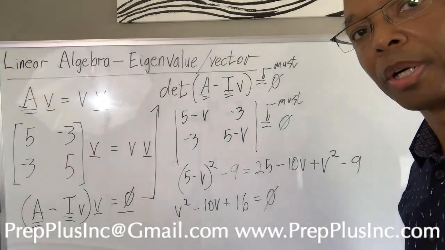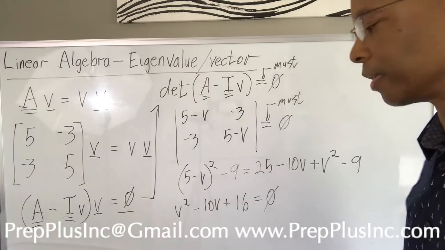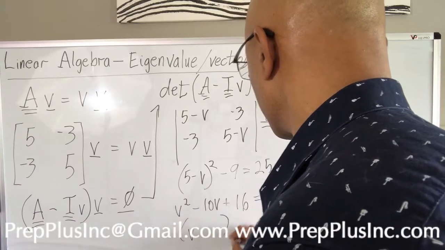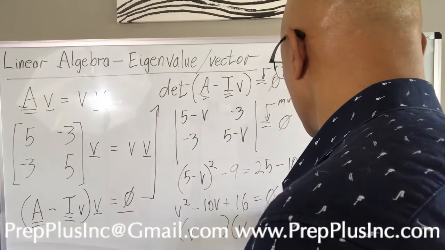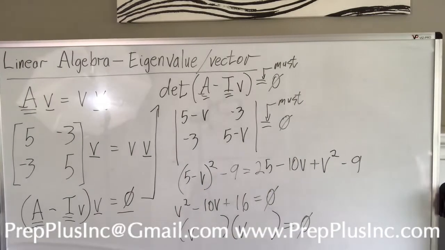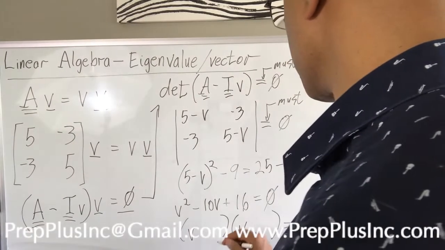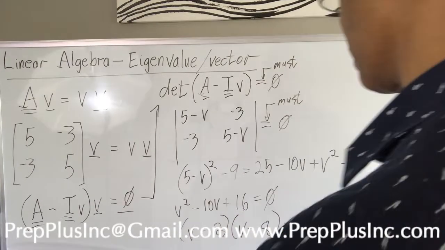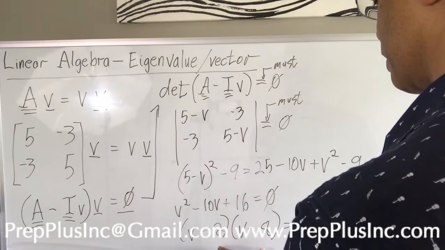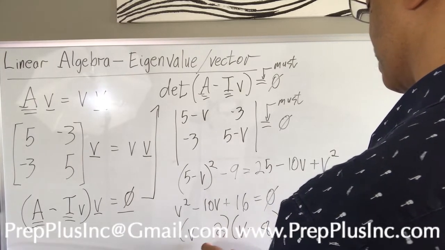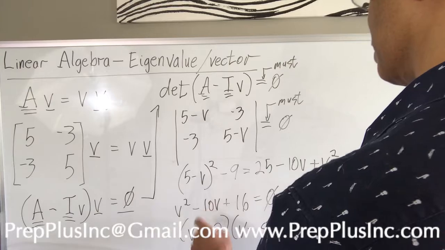So let's try to factorize this. Let's see, I think it's, maybe let's try this. Let's check lambda squared, and we have 16, minus 2 lambda, minus 8 lambda is minus 10 lambda.